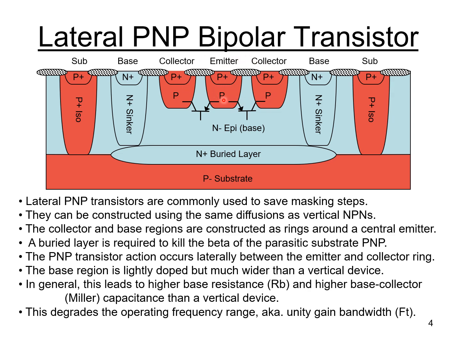We also have a buried layer underneath this whole device. Once again, it's in there for resistance reasons, but it also is in there to kill the vertical substrate PNP transistor, which we talked about previously. That vertical transistor would be from the P plus emitter going into the P base, then into the N epi, and finally into the P substrate.